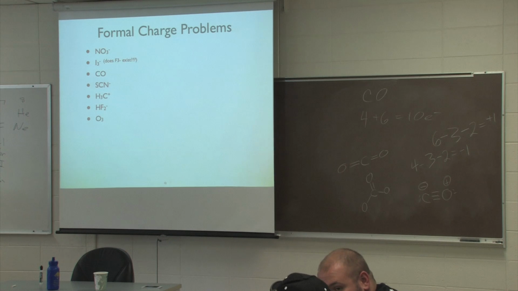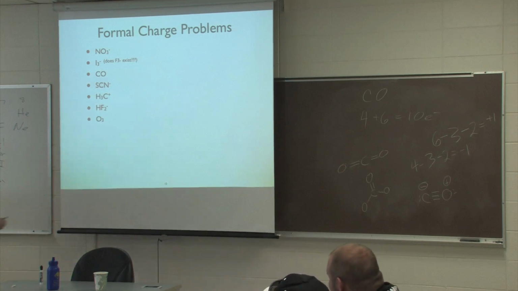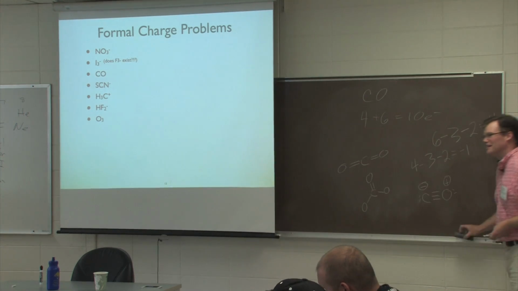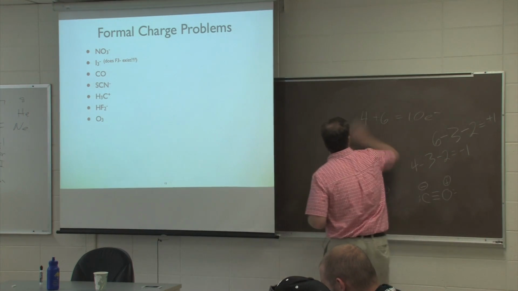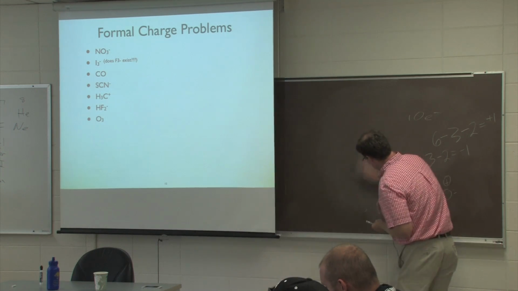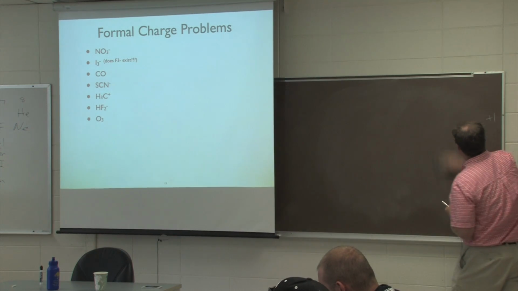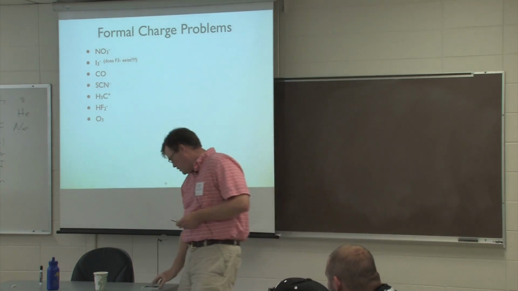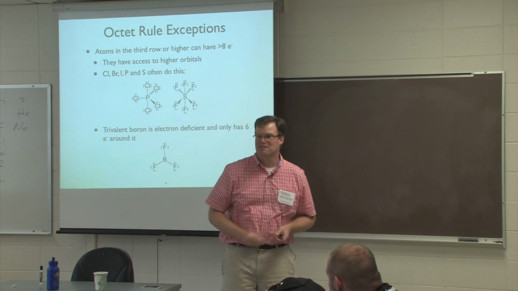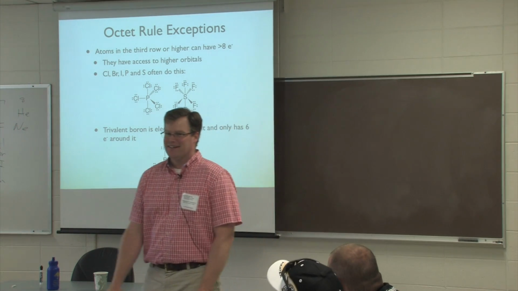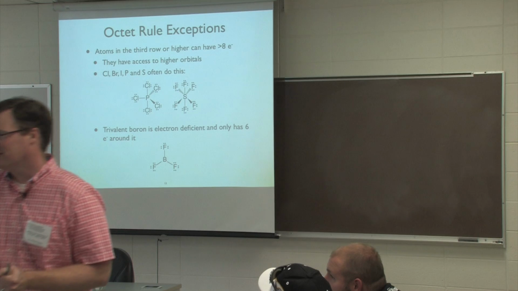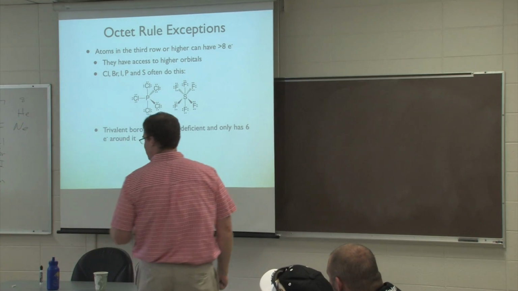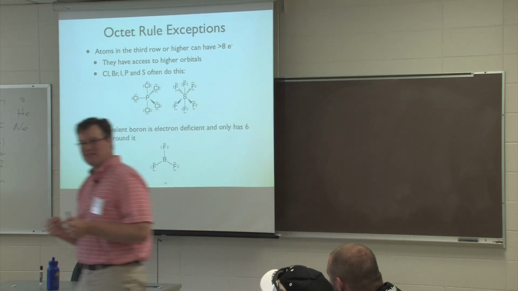Let me tell you that I've been lying to you. Let me come clean before we go any further. I've told you that all these atoms want to have octets. That is false. Atoms in the second row of the periodic table will want to have octets.